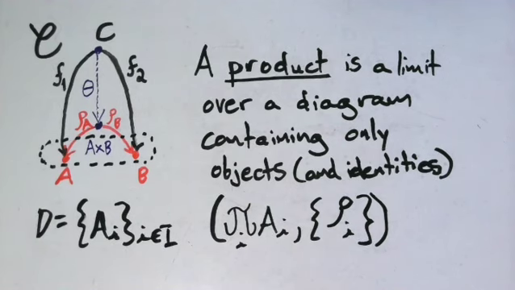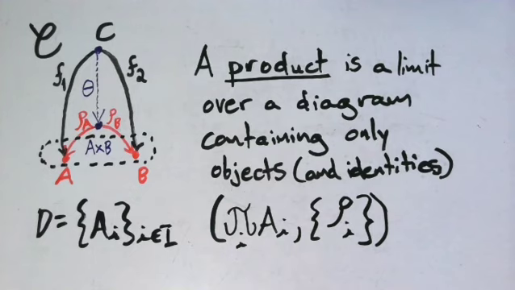Let's now look at a couple of examples of products in different categories. And we'll start with probably the simplest one, which is the product of sets. So what do we usually think of when we think of the product of sets? Well, we think of the Cartesian product, right? Ordered pairs or ordered tuples of values from each one of the sets.